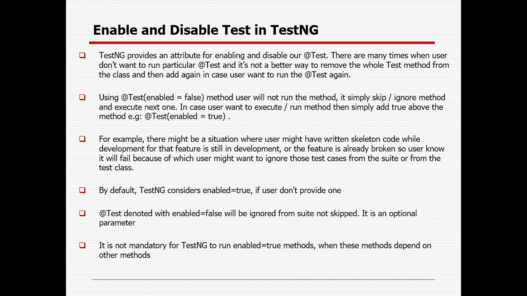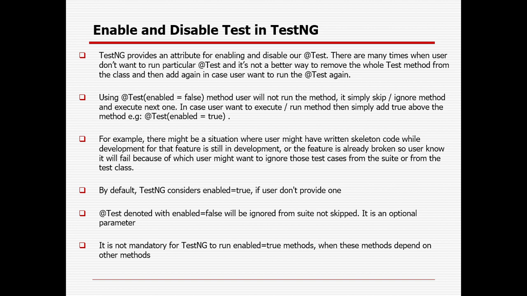So that is the method I already told, right? Three parts. Enable equal to false, it will skip or ignore the method. Enable equal to true, it will execute the method, and by default, in case you are not mentioning anything, it will automatically take enable equal to true. Suppose three methods are already there. Forget about the before test and after test because those are kind of precondition and post condition.